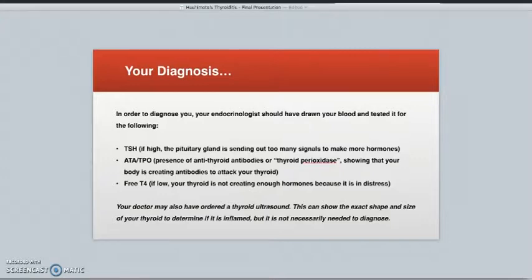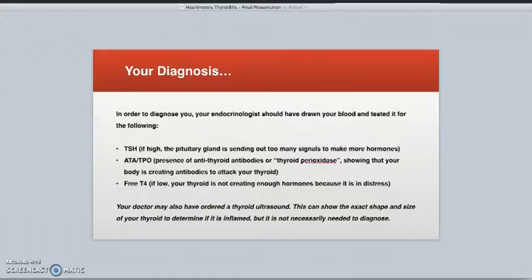So obviously, if your TSH is high, that's going to mean that the pituitary gland is just sending out signal after signal after signal, and the thyroid can't keep up, and it's not making enough hormone. So a high TSH is always a sign of thyroid problems. Then your ATA or TPO levels, which is thyroid peroxidase, are antibodies that your body will create to specifically attack the thyroid.